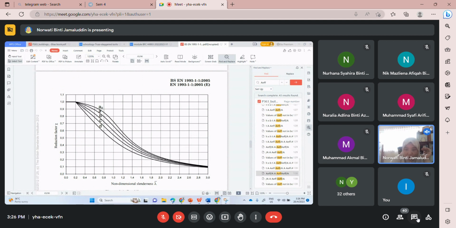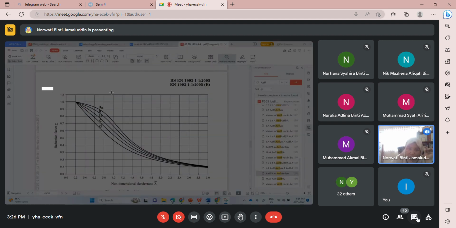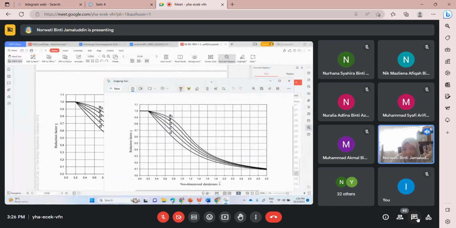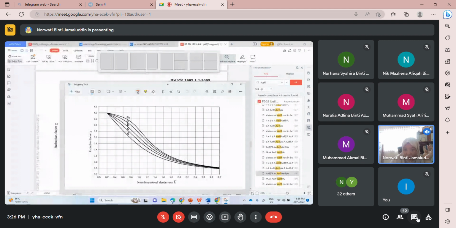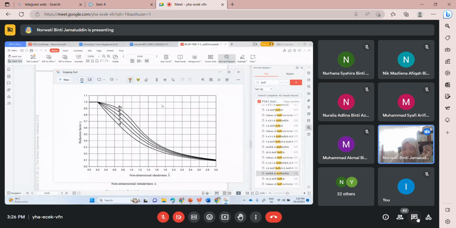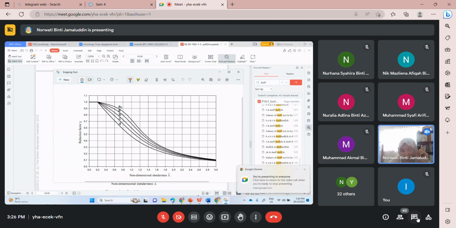How to use figure 6.4. Last time I taught you how to do it manually, computing all the formulas. But now from figure 6.4, this can actually speed up your design process, because by using this figure, you can skip one procedure.